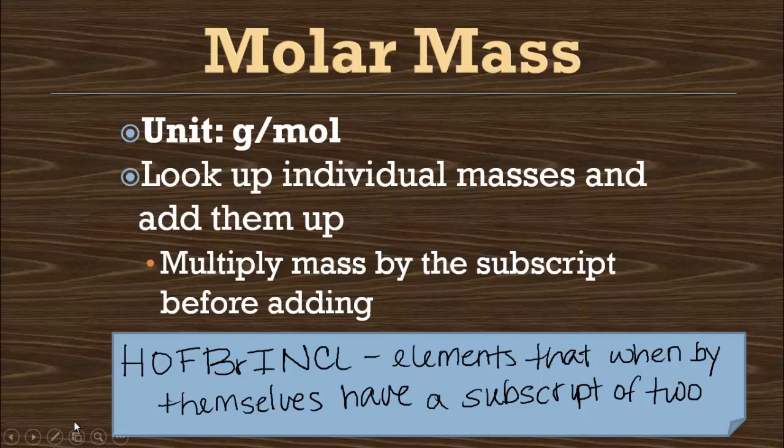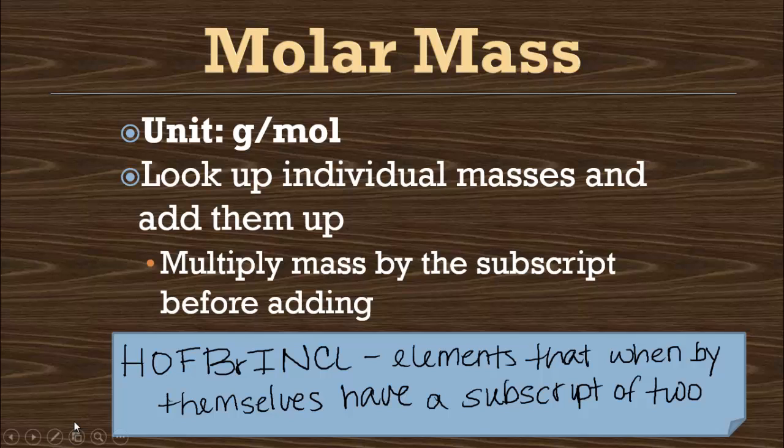adding it up. Now, there are a few elements you got to be careful of, and these are our Hofbrinkel elements. These elements, when they are by themselves, will have a subscript of 2. So if we talk about hydrogen gas, well, hydrogen bonds with itself to make hydrogen gas.